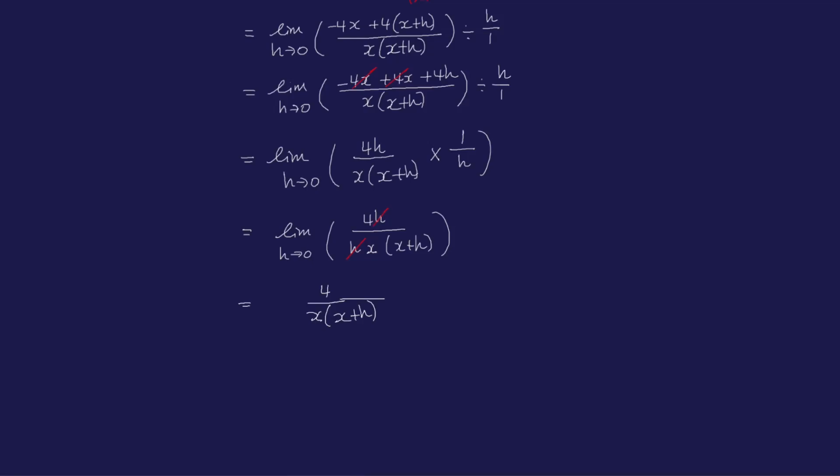So at this point I can drop the limit, and so I will substitute 0 here. So this then simplifies as 4 over x times x, and that's equal to 4 over x squared. So that is f prime x.